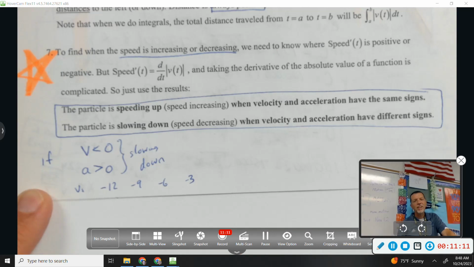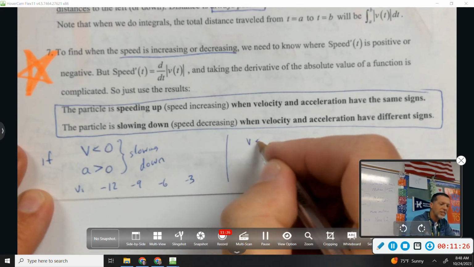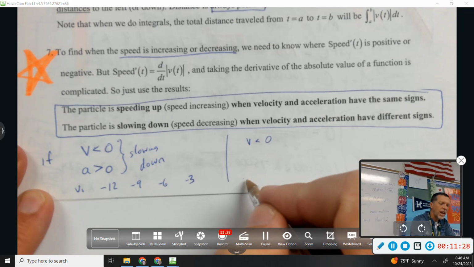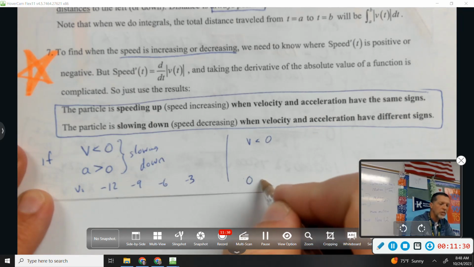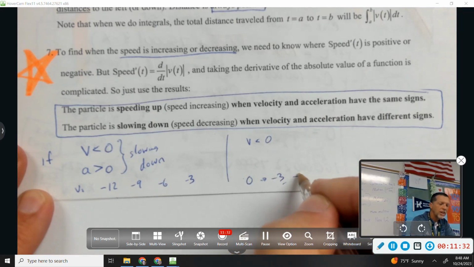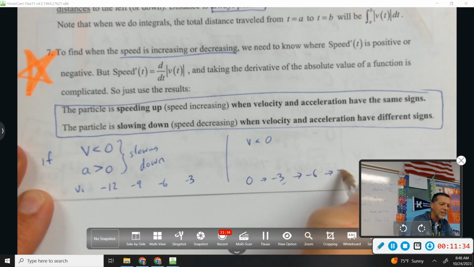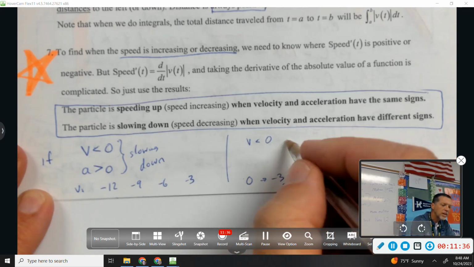We should just phrase it like that. Joseph? If you're just starting out going backwards down the driveway, so you press the gas pedal, and your velocity is negative, you're in reverse, and your velocity goes from 0 to negative 3 to negative 6 to negative 9, so you're speeding up.